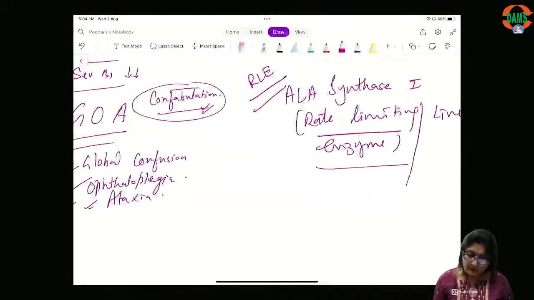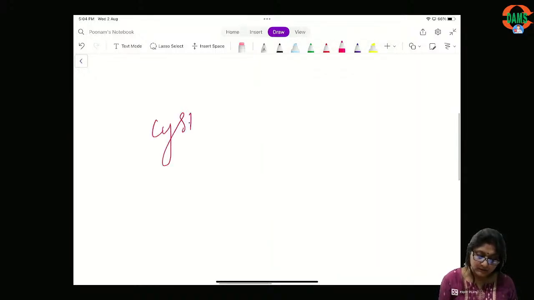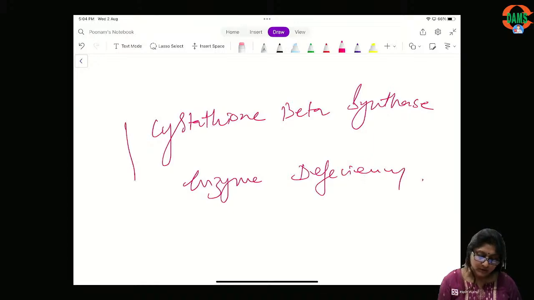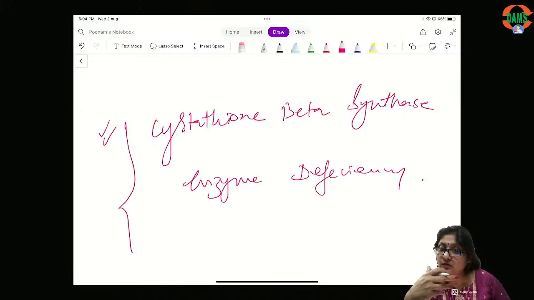So in homocystinuria you have cystathionine beta synthase enzyme deficiency. Right? This is the methionine metabolism enzyme which is going to utilize the homocysteine and make cysteine. So cystathionine beta synthase enzyme deficiency will result in classical homocystinuria.